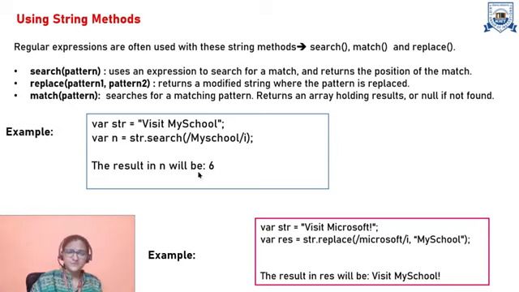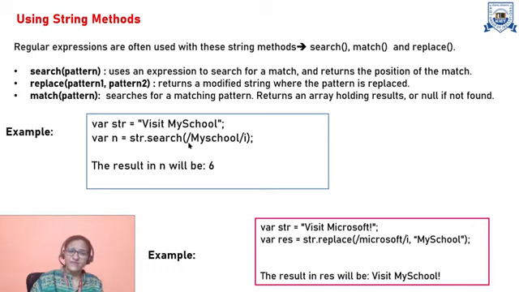I have given the pattern /my school/i. It means it will search for the string my school in the given statement, in str. This is the pattern to be searched, and it will be case insensitive. It doesn't matter in which case it is written.